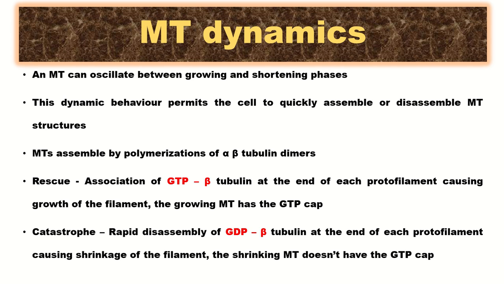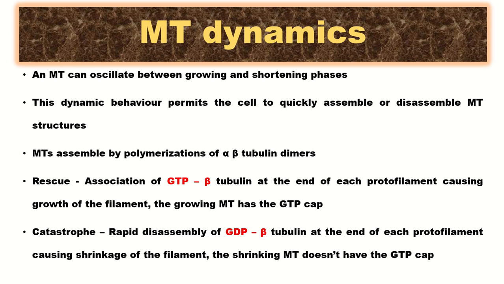This is something very, very important as well as interesting. What is MT dynamics or microtubule dynamics? Microtubule can oscillate between growing and shortening phases. This dynamic behavior permits a cell to quickly assemble or disassemble microtubule structures. MTs assemble by polymerization of alpha-beta tubulin dimers.